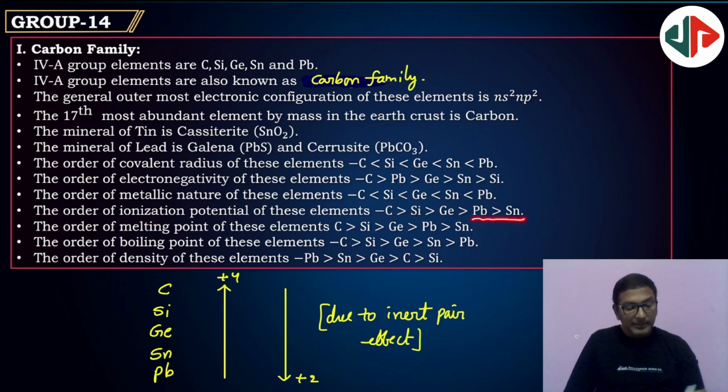This is an anomalous pair, and this is also important. Melting point: carbon, silicon, germanium, lead, tin. Boiling points: carbon, silicon, germanium, tin, lead. In the case of melting points, the last two elements are reversed. Density: lead, tin, germanium, carbon, silicon. All these orders are very, very important.